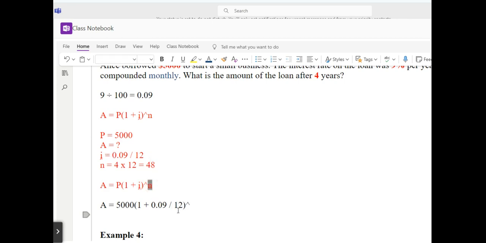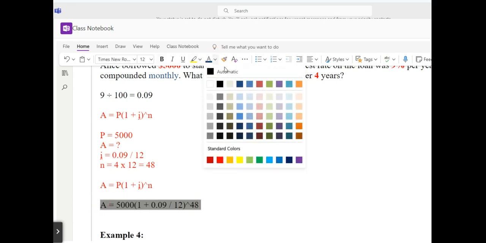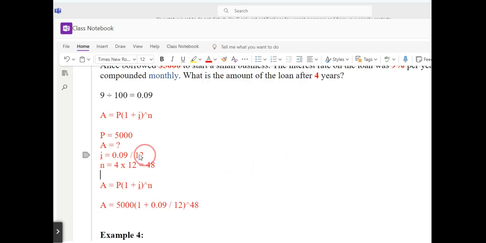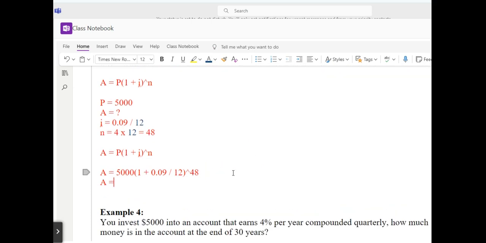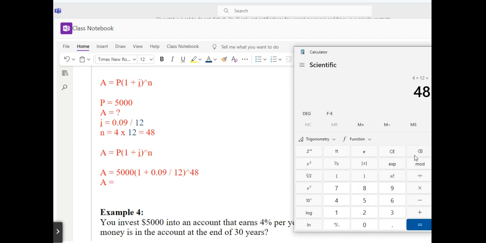Now, instead of this N, we will write 48. And I suppose I will color code these from before just to make sure that these will match for us, because I do like when they match. Okay. So A will be equal to, okay.